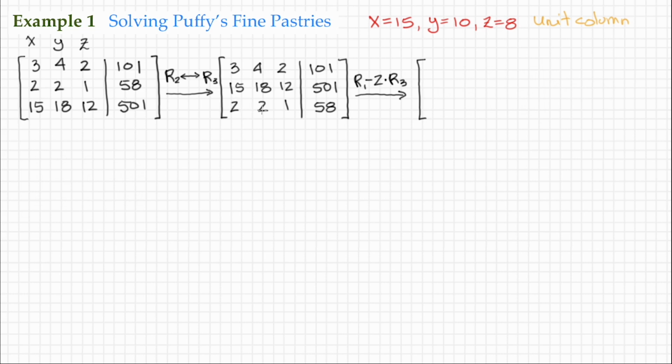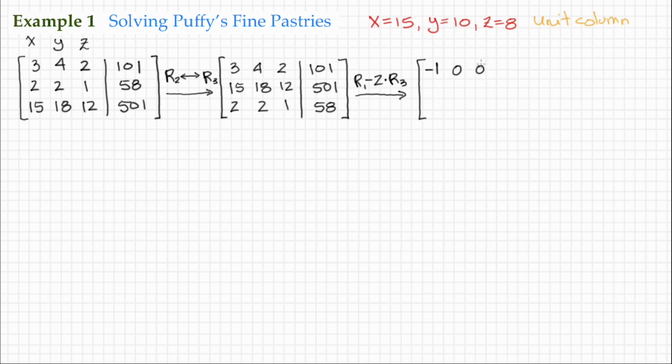So for here, 2 times row 3, 2 times 2 is 4, then 3 minus 4, that's negative 1. 2 times 2 again is 4, 4 minus 4, that's 0. And of course, 2 times 1 here is 2, and 2 minus 2 is 0, and that's the whole idea.